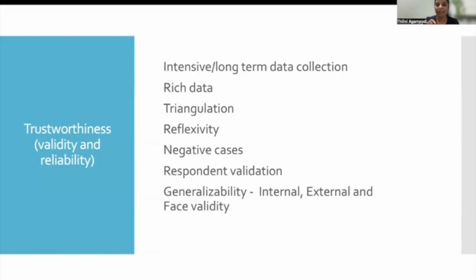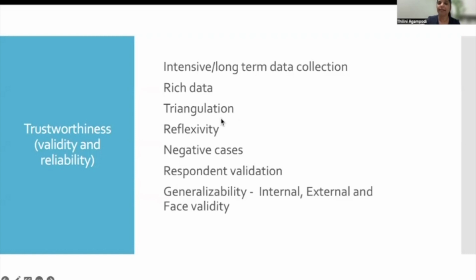If the field note taker is well trained to write field notes, the data becomes rich. If the participant is well instructed to write the diary, the data becomes rich. So by adhering to particular standards, you get rich data, so that the data is credible rather than just pointing out our findings based on superficial data.